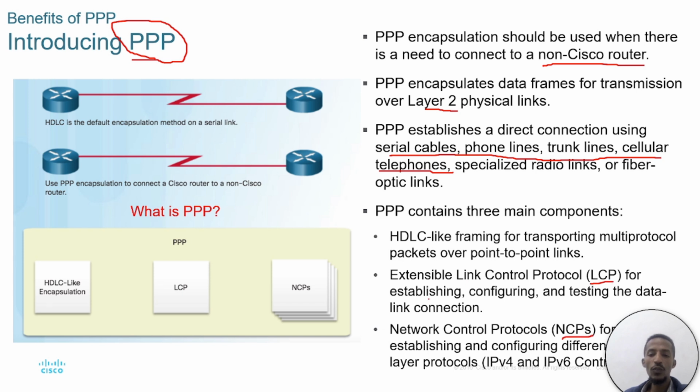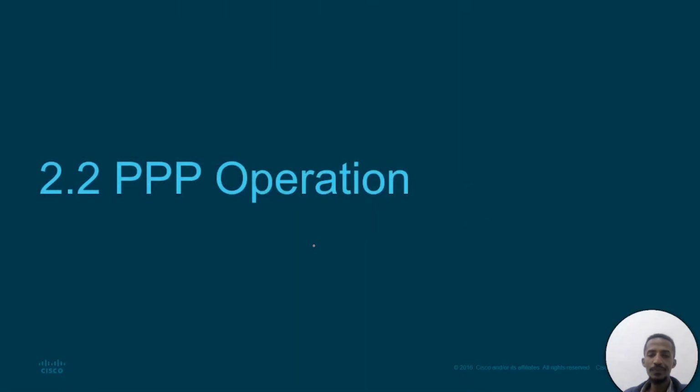So LCP is used for what? Link connections. Link connections can be established, configured, and tested using the LCP, the lower protocol, and also we have the Network Control Protocol, called NCP, for establishing and configuring different network layer protocols. So they are a little bit upper.